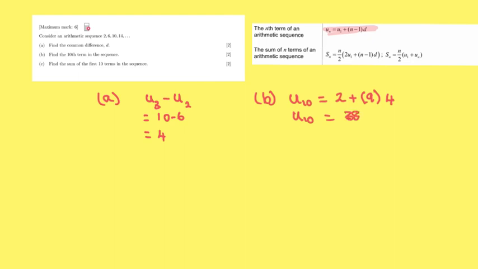Part C. Find the sum of the first 10 terms in the sequence. We're asked to find the sum of the first 10 terms, so we can use the sum formula, this one here.